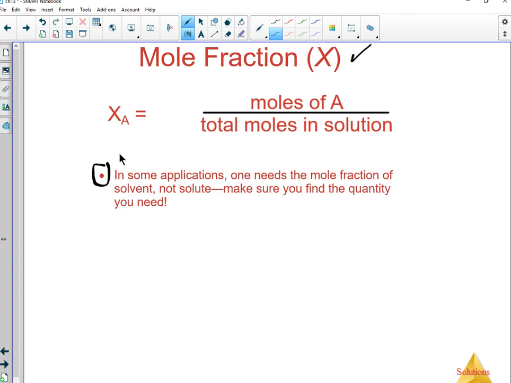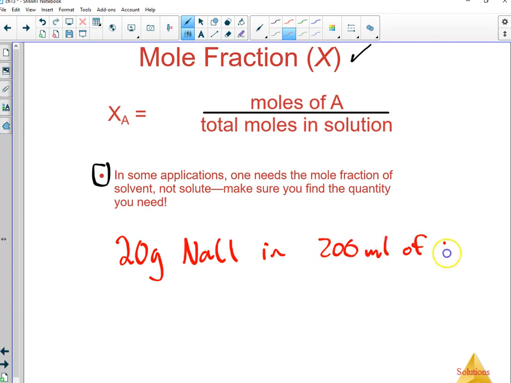Okay, so mole fraction, an example of that would be like 20 grams of salt in 200 milliliters of water. We should be able to find the mole fraction for NaCl and the mole fraction for H2O.